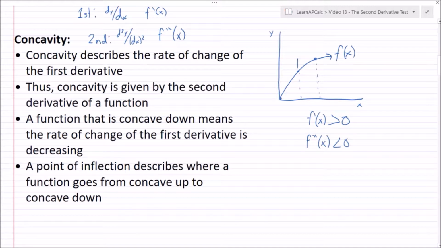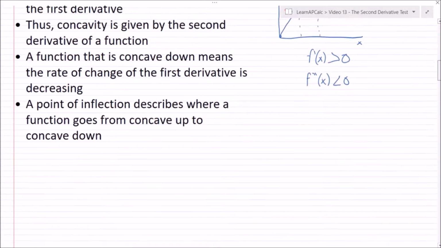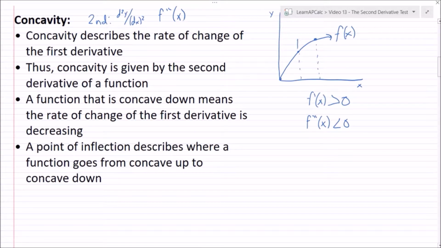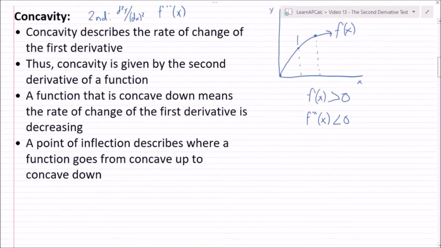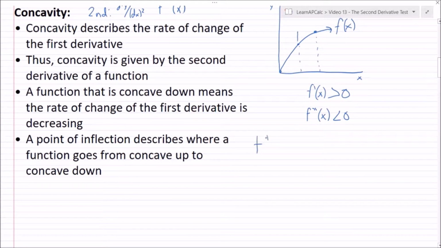And the second derivative describes concavity. If the second derivative is greater than 0, we're concave up. And if our second derivative is less than 0, we are concave down. And here's a good way of memorizing that. So here we have concave up, that's what concave up looks like, and here we have concave down.